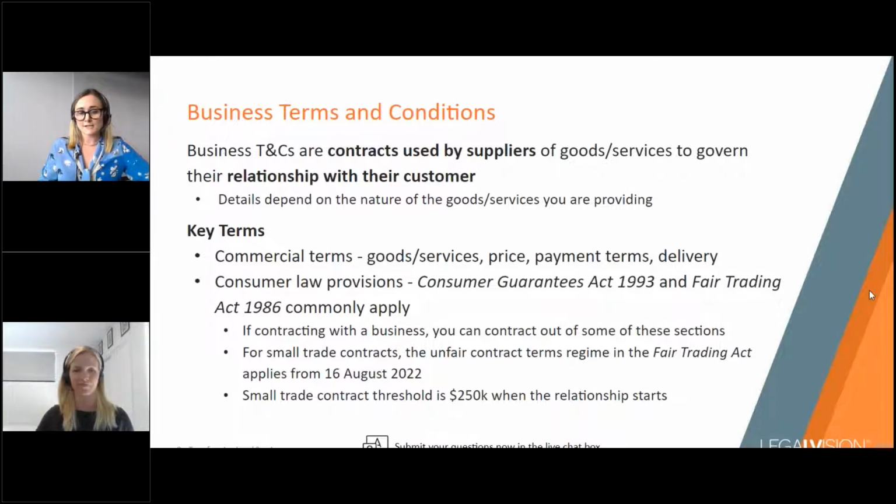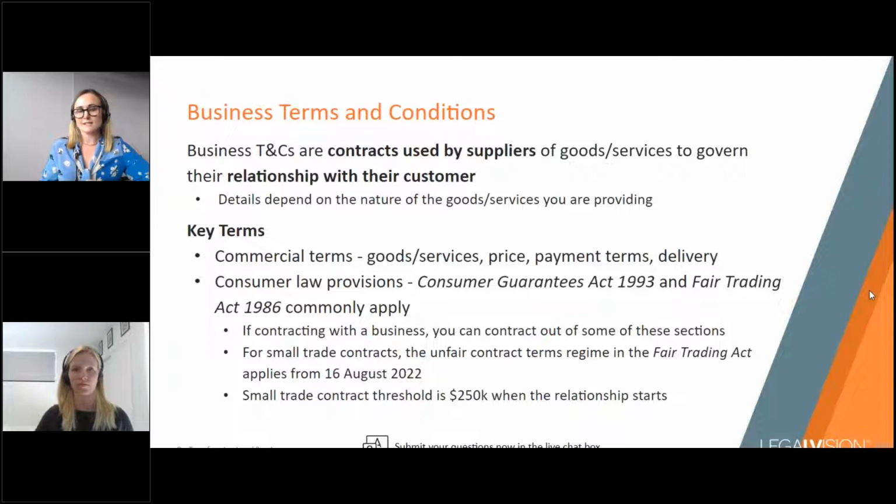If you're engaging another business, you can contract out of the Consumer Guarantees Act and some provisions of the Fair Trading Act. However, the unfair contract terms regime was recently expanded in New Zealand to apply to small trade contracts. Those are contracts between businesses where there's a trade relationship, and the value of the contract or the relationship is less than 250,000 New Zealand dollars, as at the time that the relationship between the parties was created.